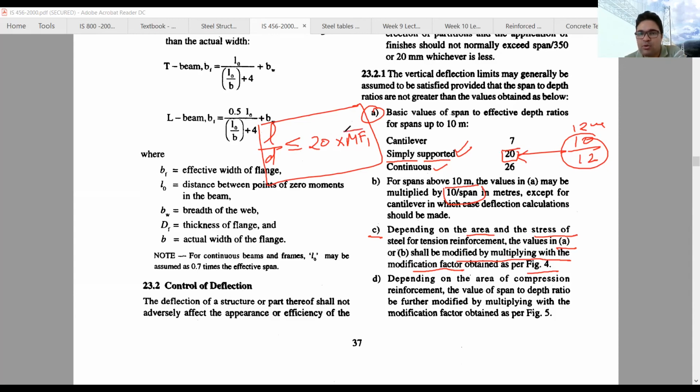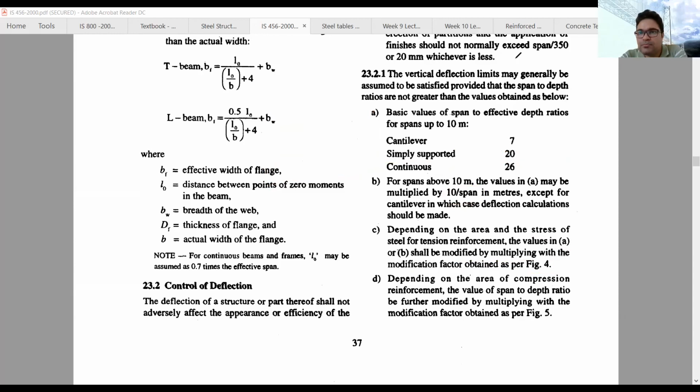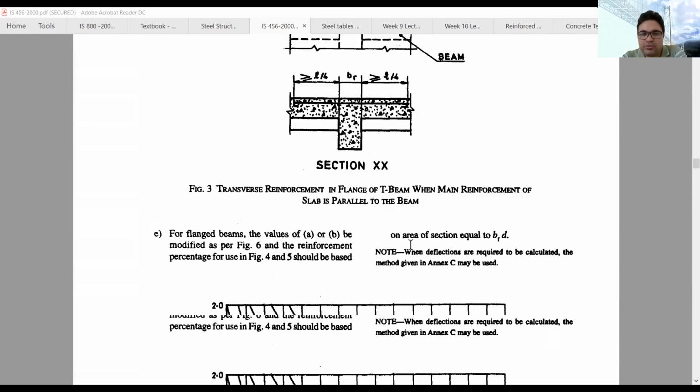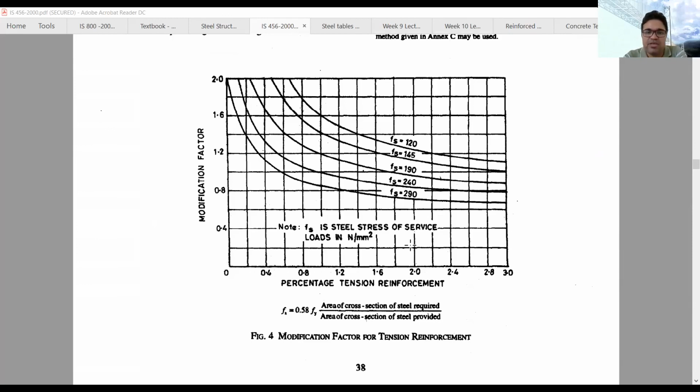Now the whole thing stands here. What is MF1? MF1 is called the modification factor, which depends on the area of steel and the stress in the steel. Now we will see this figure. Going to the next page, this is figure 4.